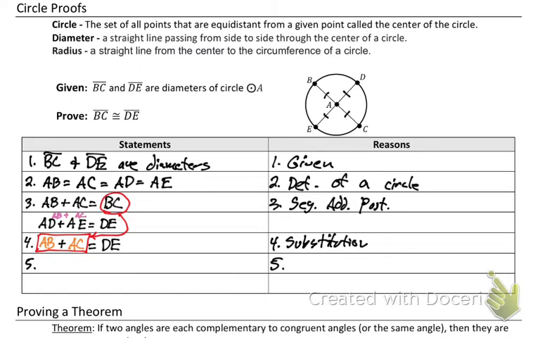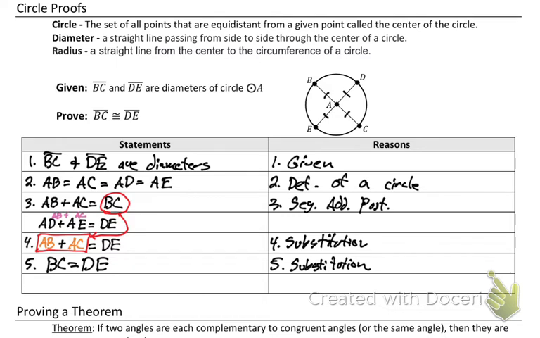I'd be okay with transitive or substitution there. I'm going to use substitution again. Oh, I already used substitution. I'm sorry, but I haven't written down this step yet. We now have BC equals DE through that substitution.